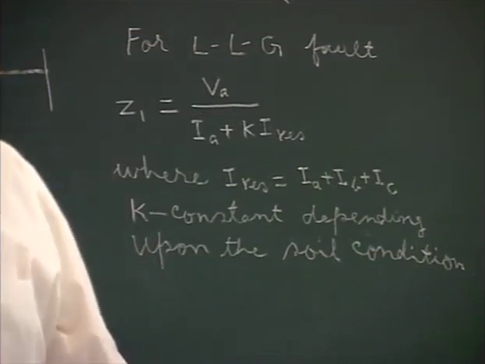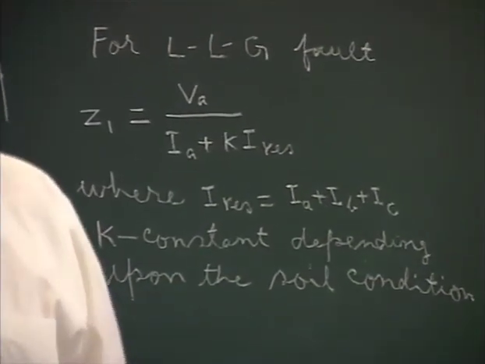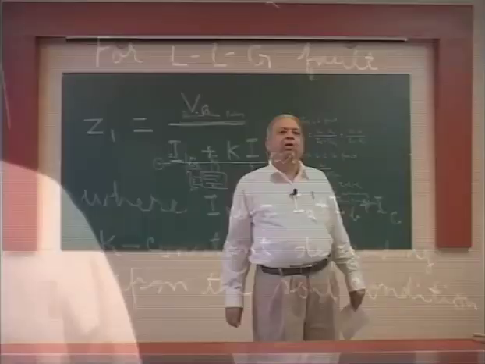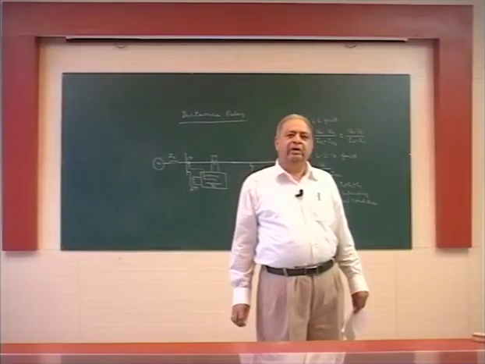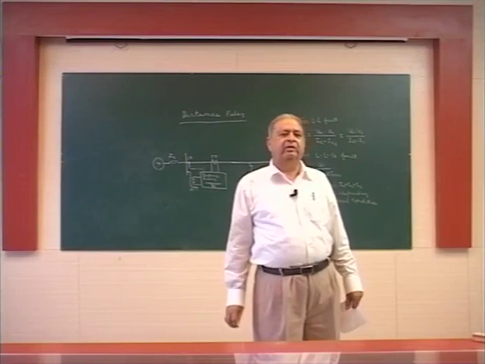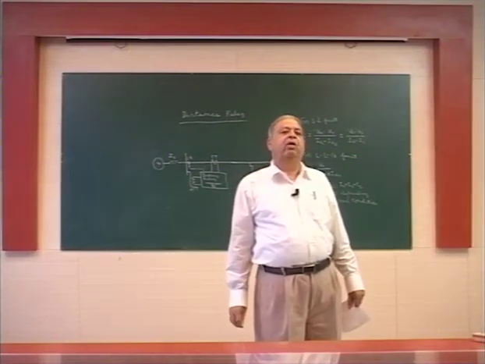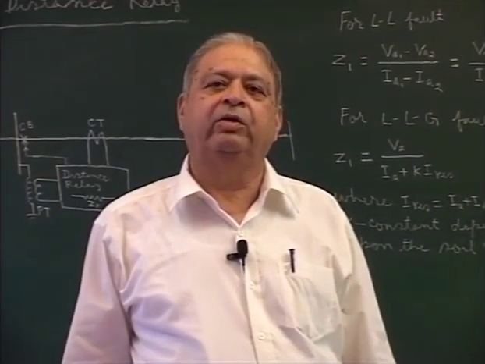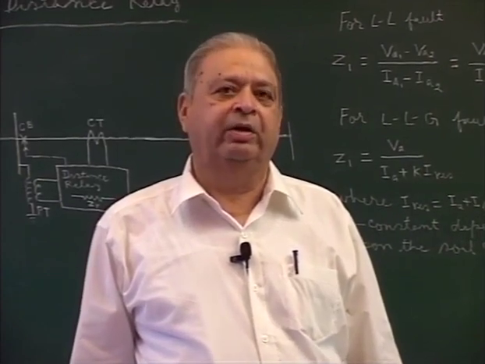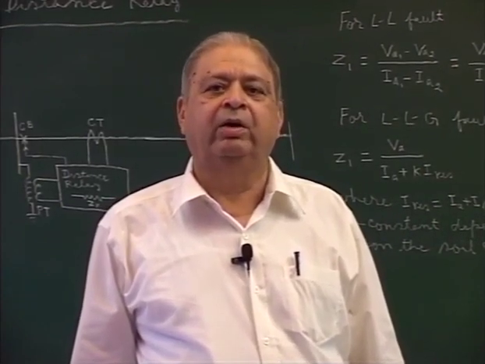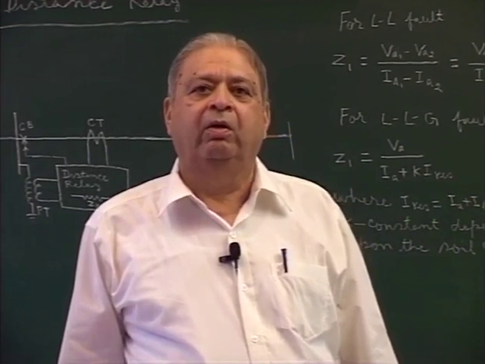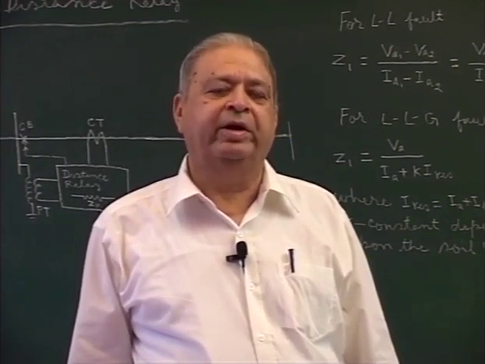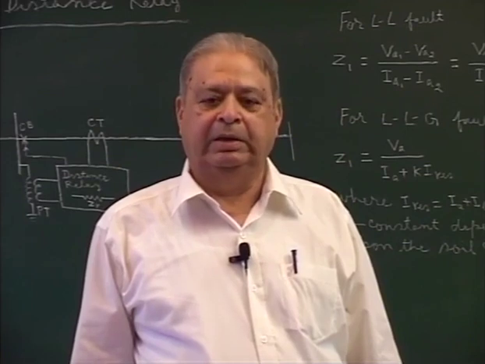Now, in these cases, we can clearly see that for a distance relay, all phase faults can be detected by similar relays, and all ground faults, whether it is a line to ground fault or it is a double line to ground fault, all the ground faults can be detected by another relay.